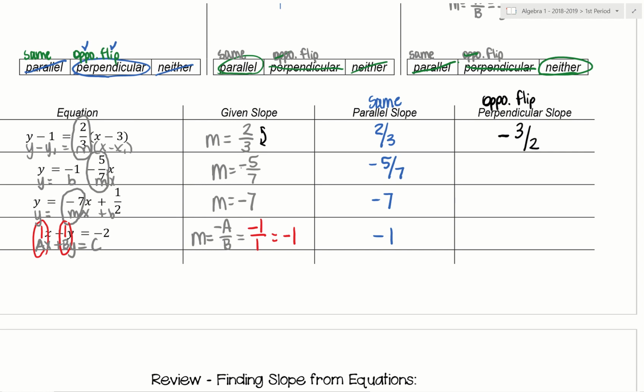In my original problem for the second example, it's negative, so my new slope is going to be positive. And instead of 5/7, we're going to flip it to be 7/5. My third example was negative, so my new slope is going to be positive. If I had rise over run, I can put -7/1.